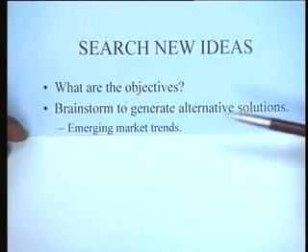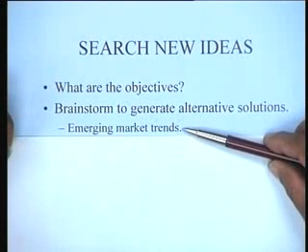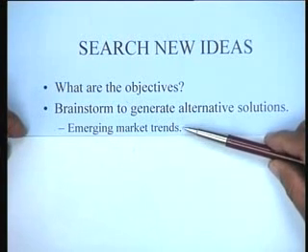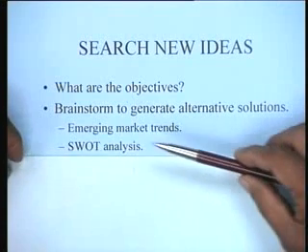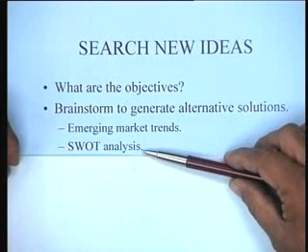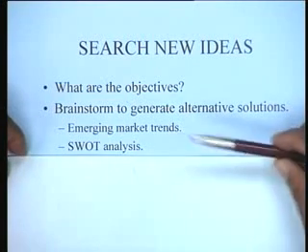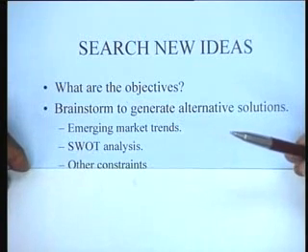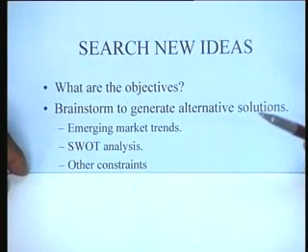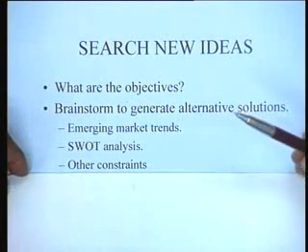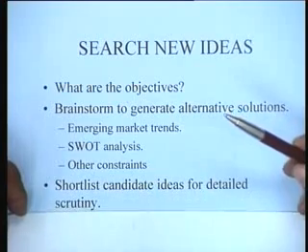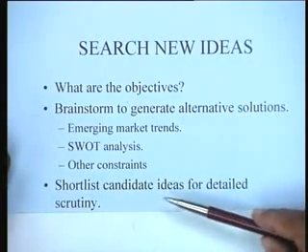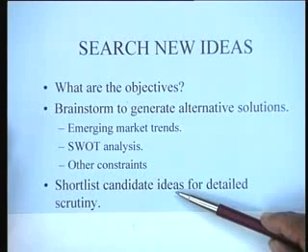You can consider, for instance, what are the new market trends, emerging market trends. You might want to do a strength, weakness, opportunity, threat analysis, a SWOT analysis, as we said, to identify exactly the right kind of solutions for your particular situation. You might consider any other constraints that you might have within you. And on the basis of this, you would probably shortlist candidate ideas for detailed scrutiny.